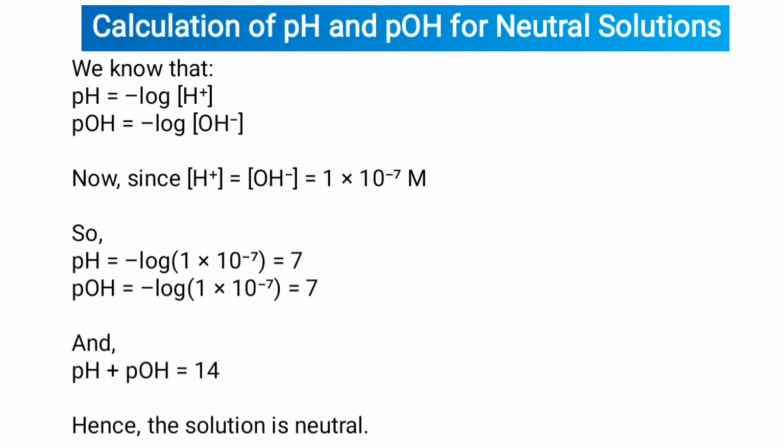And pOH is equal to negative log of 1 multiplied by 10 raised to the power minus 7, which is equal to 7. Here we only put the value of the concentration of H+ ion and the concentration of OH- ion in the formula. And pH plus pOH is also equal to 14. Hence, the solution is neutral.